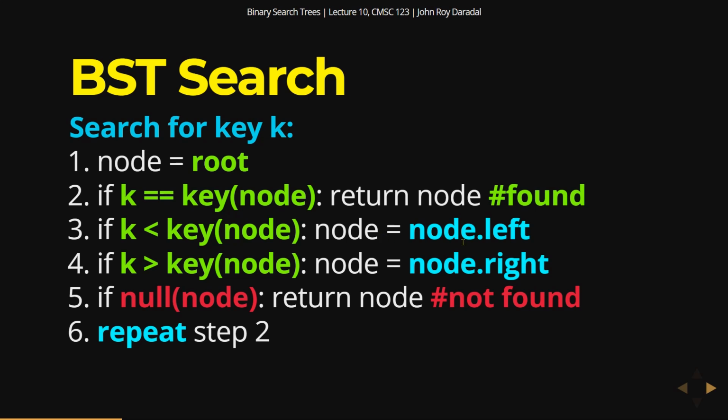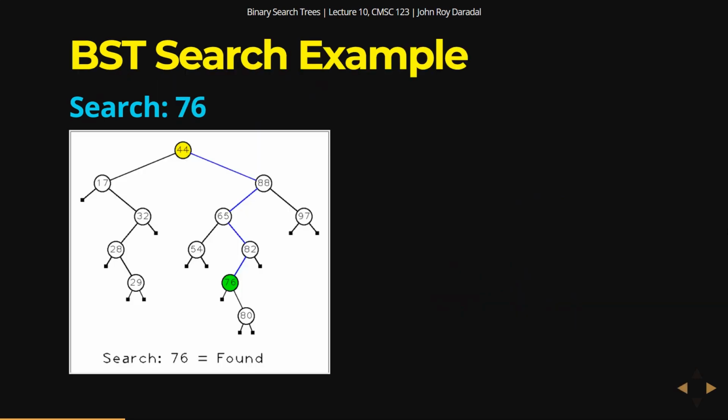After going left or right, check again if that is the key you're looking for, and then go again to the left or right, and so on. You repeat these steps until you find the key K, or you end up with a null node, and then you stop there. It's pretty simple.